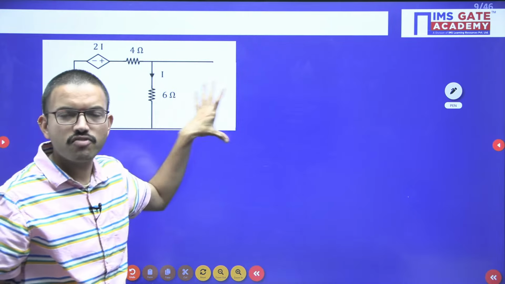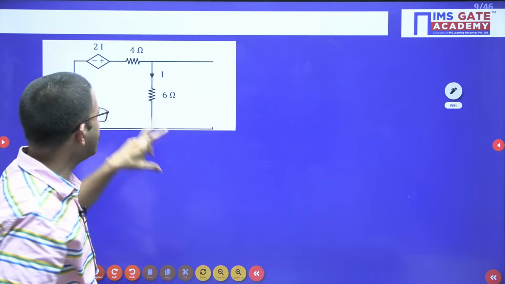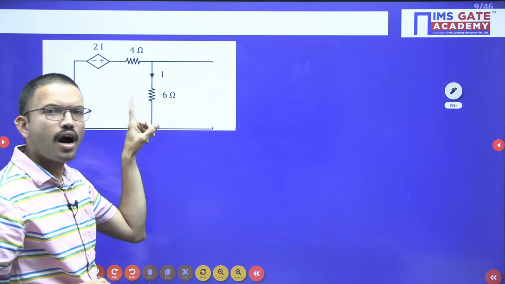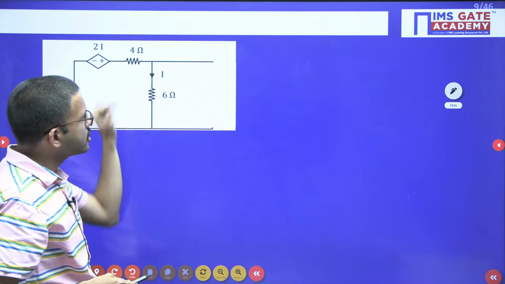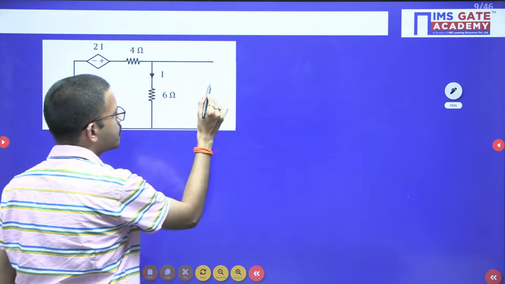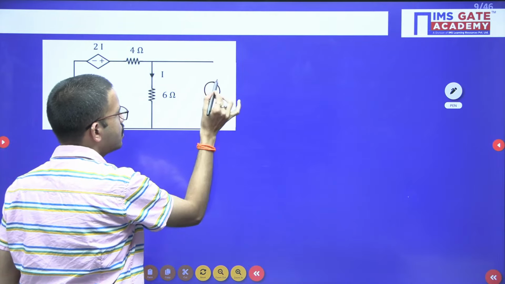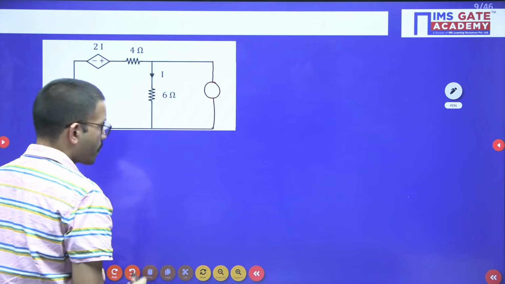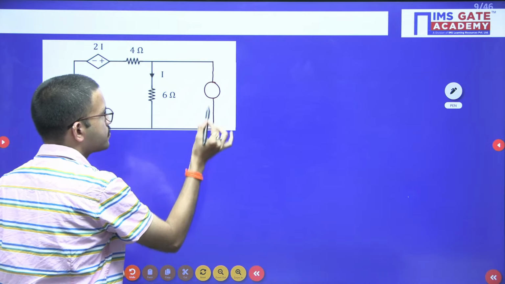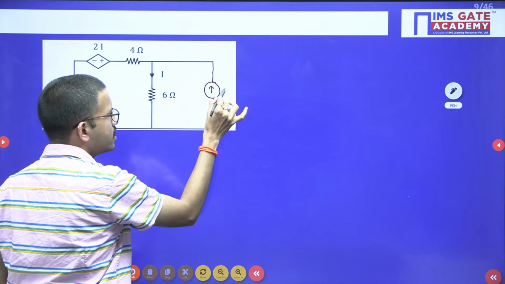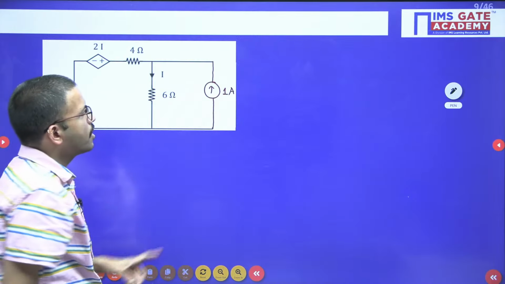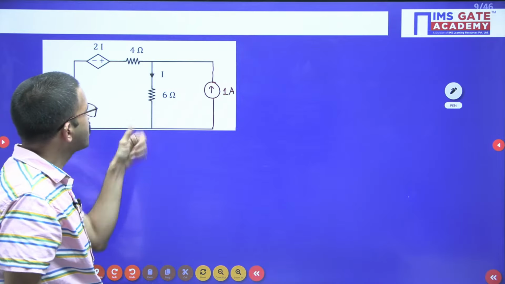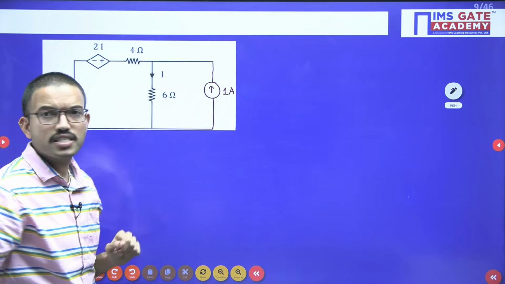So all of you please respond. Are you able to get the current flowing in this particular branch, or the voltage across it? If I connect a 1 ampere current source, can we find the current flowing in this branch, or the voltage across this particular 6 ohm resistor directly?